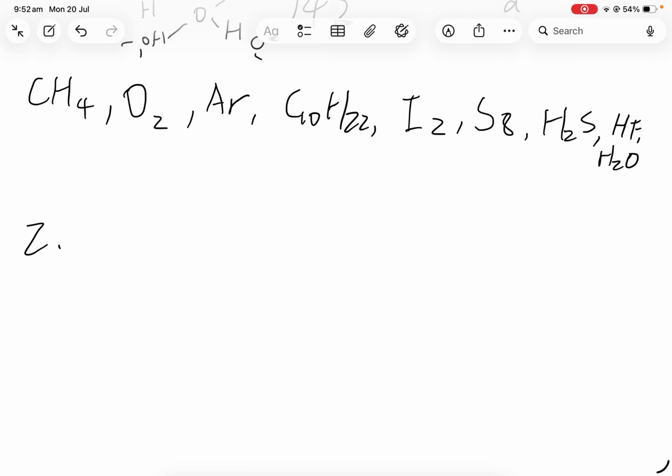Now we go to the second question. Explain in detail why carbon tetrachloride does not dissolve in water but dissolves in hexane.